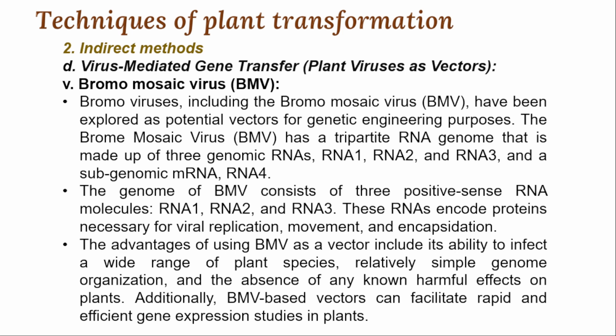Next virus is called brome mosaic virus. It is also the same as the tobacco mosaic virus. It contains a tripartite, that means three RNA genome, RNA1, RNA2, RNA3. But the drawback is that it can accommodate less genome. One more advantage is that it will infect a wide range of plant species.